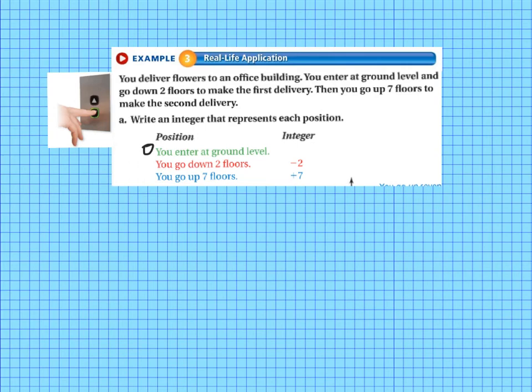The book didn't put that there for us, but if you need a reference point, you can do that. And then you go down 2 floors, so that would be negative 2. And then we go up 7 floors. So we wrote our integer for each position. So we started at 0, and then we went down 2 floors and up 7 floors.